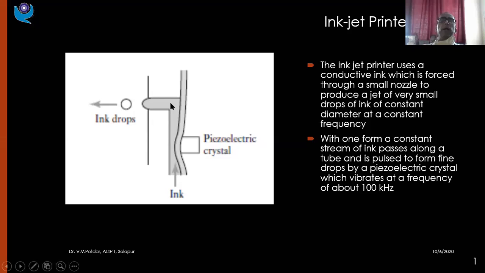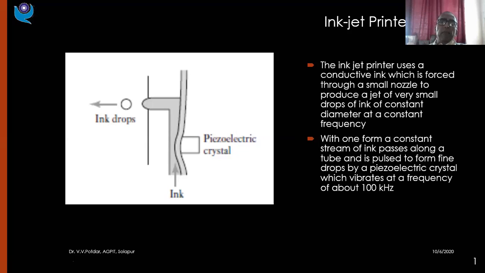Now, how must it be printing the alphabets or any diagram or any sketch? Whatever data we have, whatever diagrams we have, all those are in digitized form. That data is in digital form.